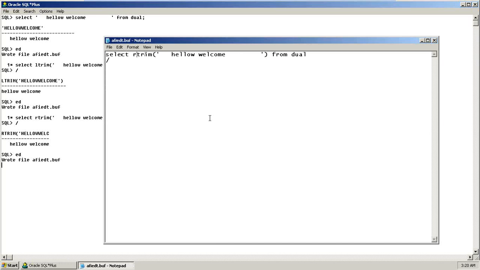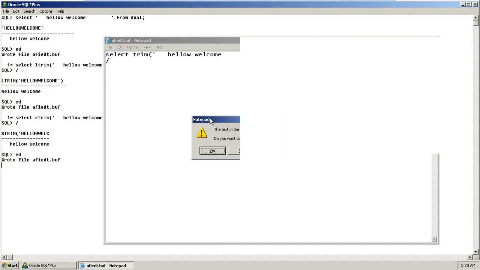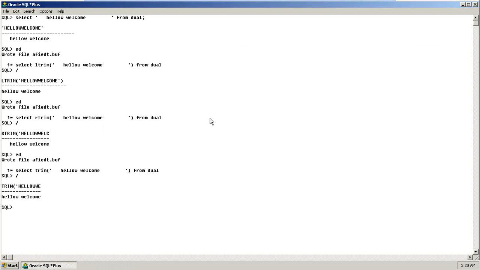And TRIM is the simple function which eliminates blank spaces on both sides. Right. So this LTRIM and RTRIM are not only used to eliminate the spaces; LTRIM is also used for eliminating unwanted characters from the left side, and RTRIM from the right side.